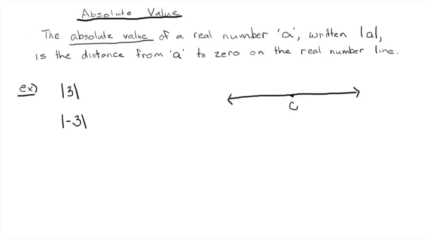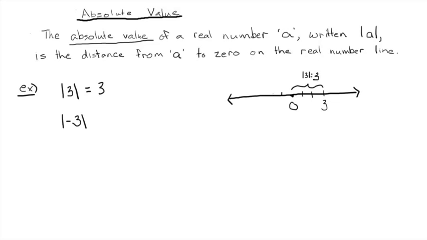So if 0 is here, then 1, 2, 3, 3 would be here. So this distance here is the absolute value of 3. And just by counting 1, 2, 3, the absolute value of 3 is clearly 3. So that's pretty easy. The absolute value of 3 is 3.